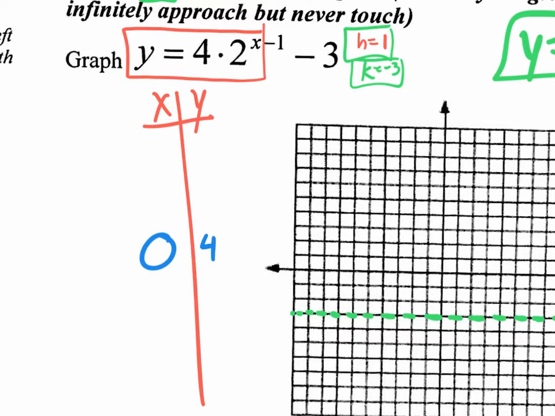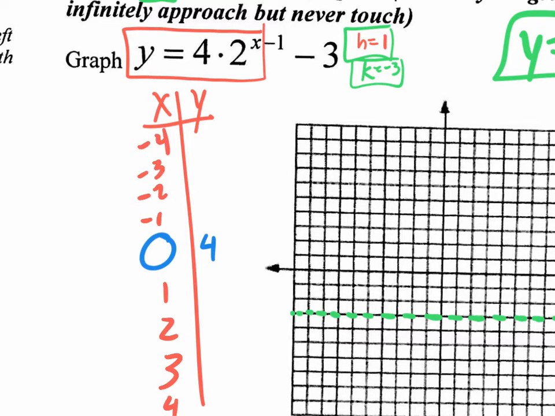Now, how about this? Instead of plugging in a negative 1 right here, having to move it down and then reducing the fraction, or instead of plugging in a 1 and then multiplying and then plugging in a 2 and then multiplying, instead of doing all that, let's use consecutive integer inputs. 0, 1, 2, 3, 4. Backwards, negative 1, negative 2, negative 3, negative 4.